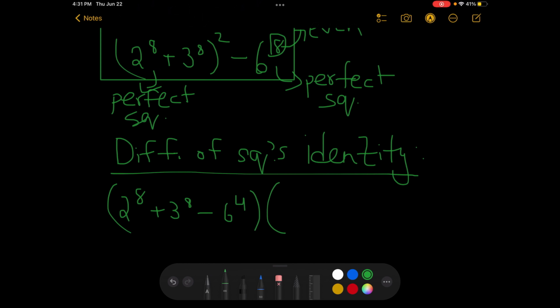And you do the same thing except it's plus instead of minus: 2 to the 8th plus 3 to the 8th plus 6 to the 4th. And so now if we find the actual values of all of these exponents, add and then subtract, we might have our answer. So let's just do that.